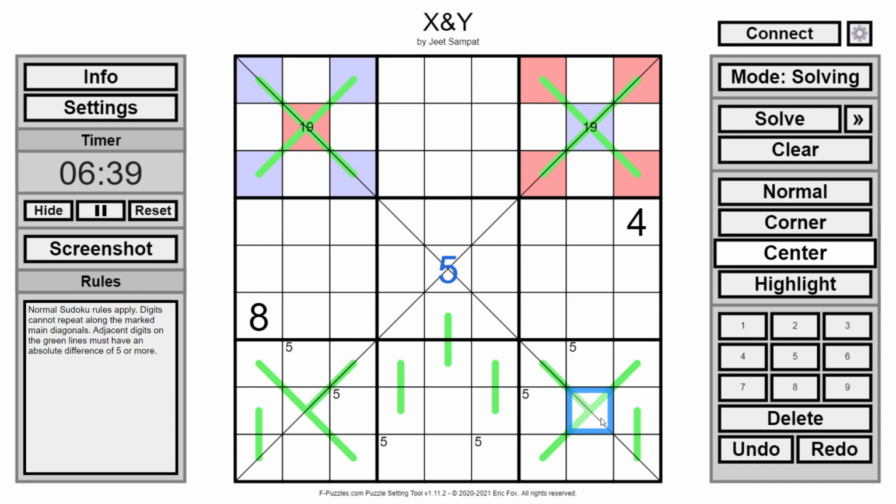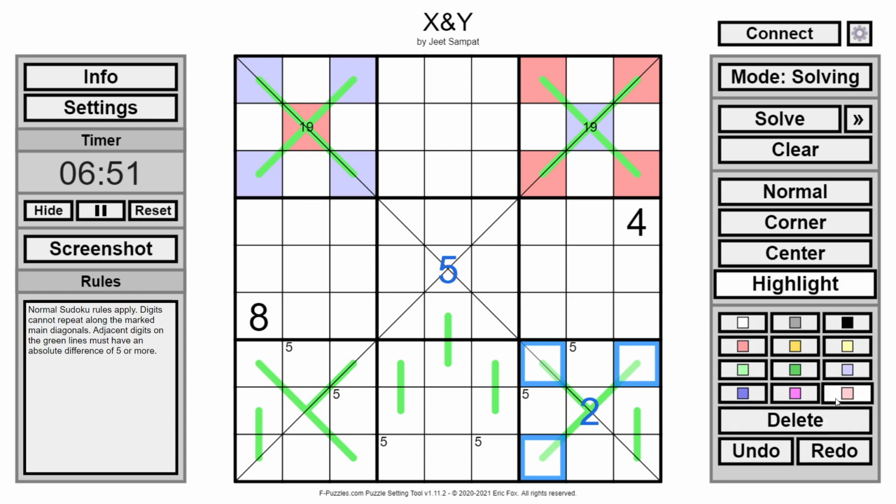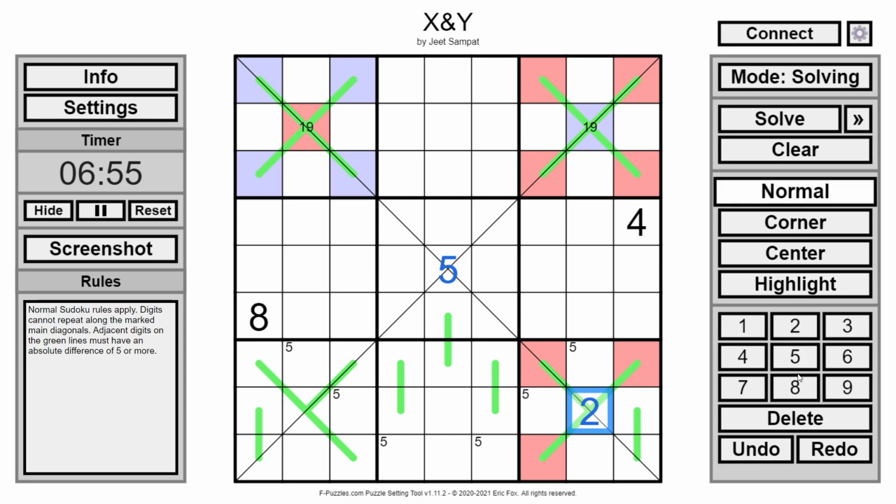But it must connect to 3 of the opposite parity. So if this is a 2, this would be 3 digits that are 3 high digits. Similarly, if this is low, it would have to be a 2 in order to connect with 3 high digits.